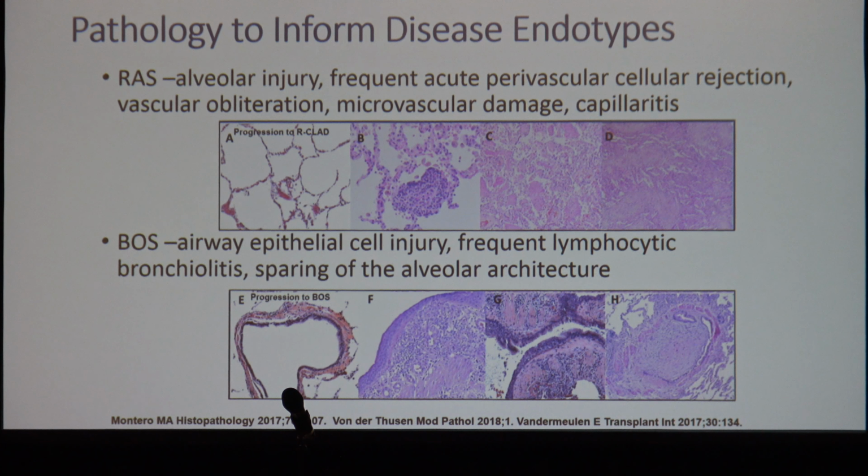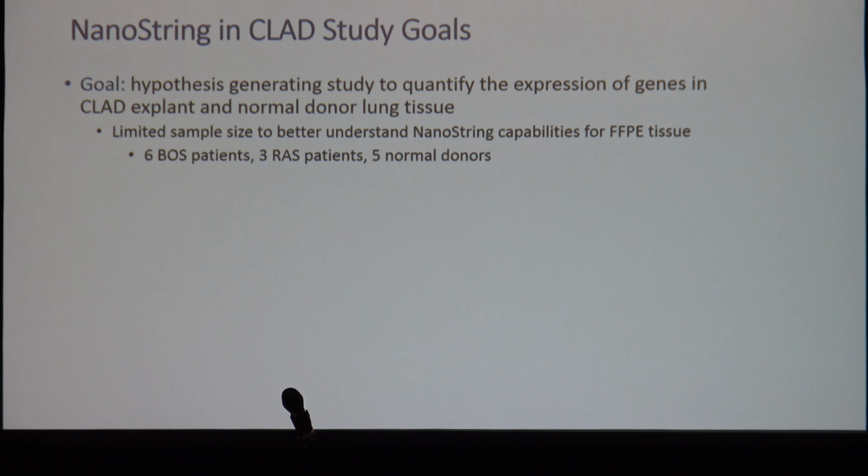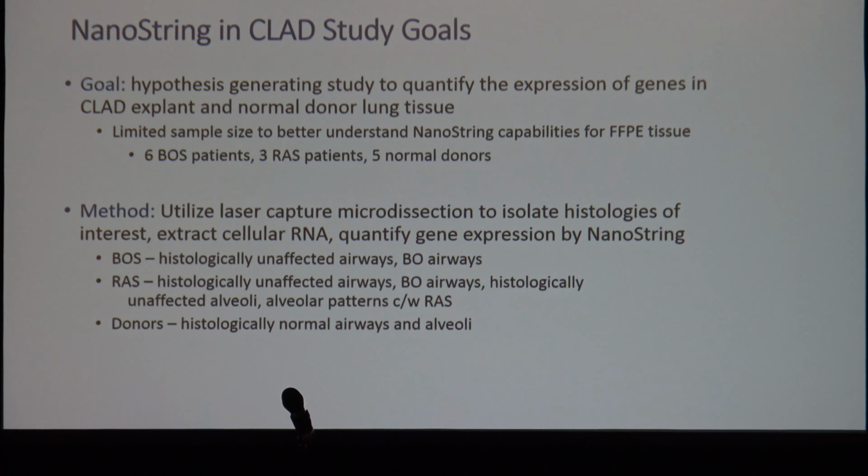And so what was done in this study is look at the features of RAS and BOS and take a small number of each of those, perform laser capture microdissection, and then see where we are. For the normal comparisons, for BOS, an uninvolved airway from the same patient was used.